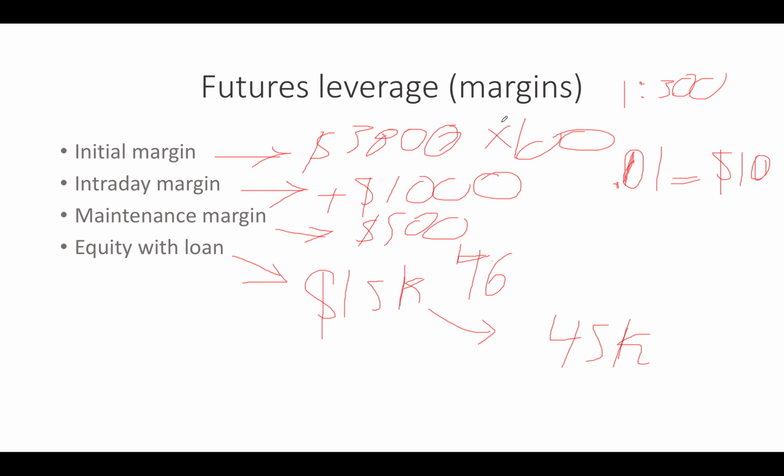So that's the underlying value of the contract, but you only need to put up the margin to trade it because you're not actually buying the asset, you're only trading the contract. So they look at these margins right here instead of charging you the full price. And almost all traders don't actually let their contract expire. Brokers require you to liquidate it before it does, so don't worry about that.